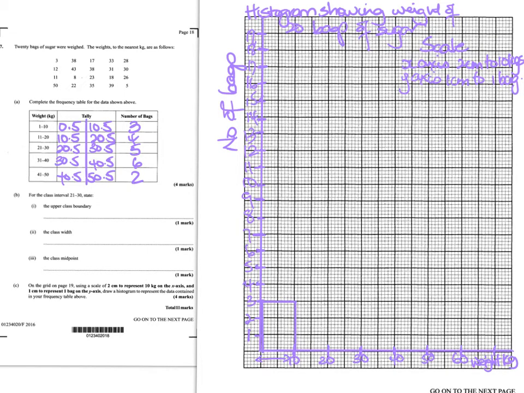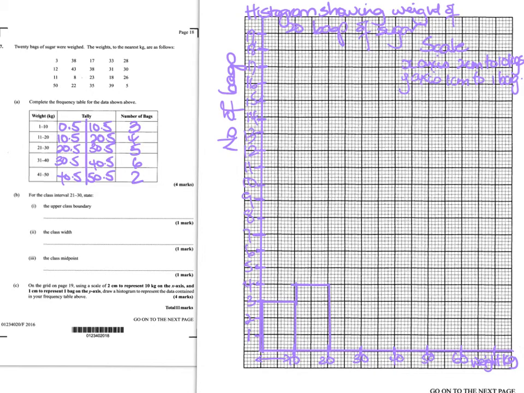The next one is 10.5 and 20.5 going up to 4. So 10.5, halfway between 10 and 11 going up to 4, and 20.5 halfway between going up to 4. And so we see they end up joining, because the upper boundary of one class is the lower boundary of the other class. So the next one will be 20.5 going up to 5.